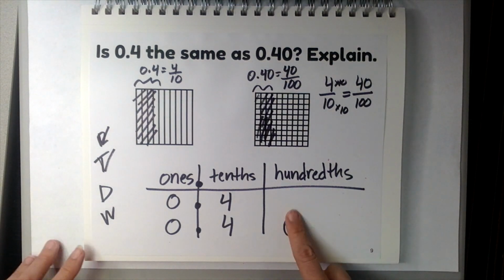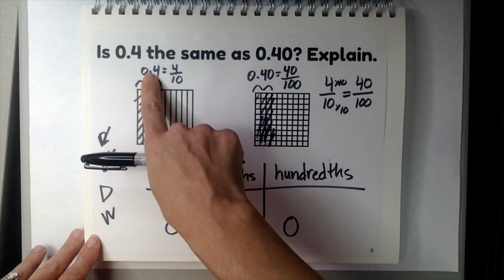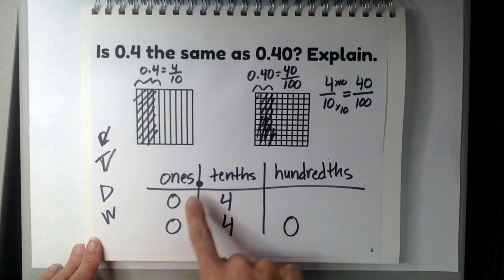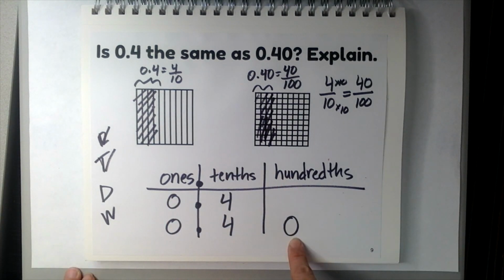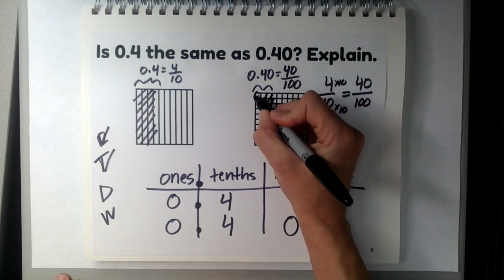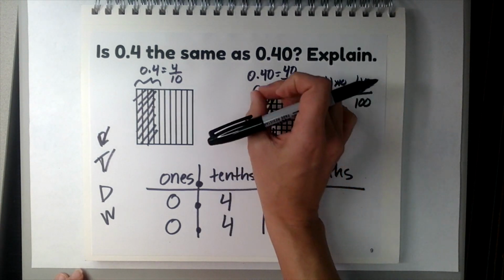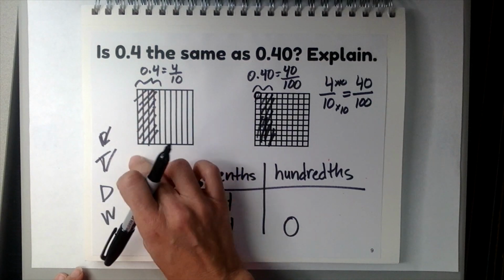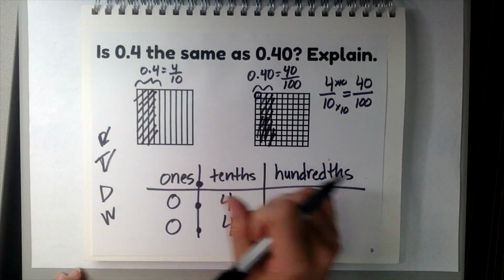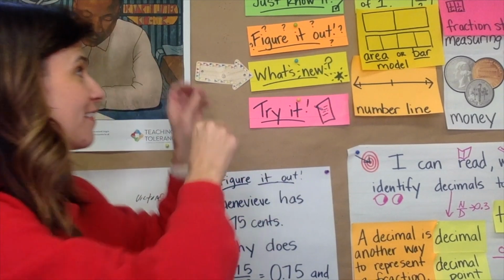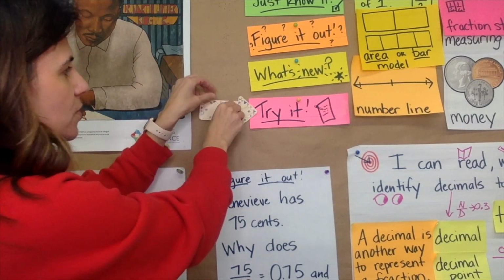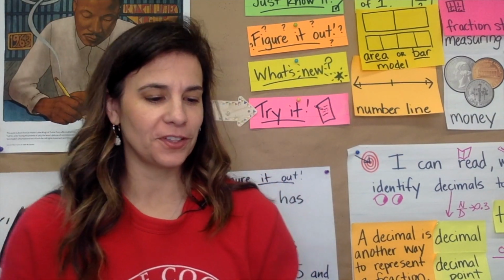And so we have just proved that 0.4 or 4/10 is in fact the same as 40 hundredths. It's just that each of the individual parts here in the 40 hundredths is going to be smaller than one of the individual parts in the tenths. I can tell you're getting the hang of it now with those decimals and fraction equivalencies.